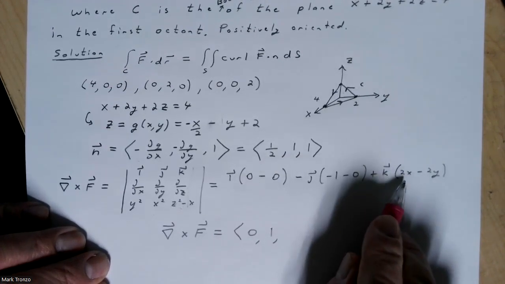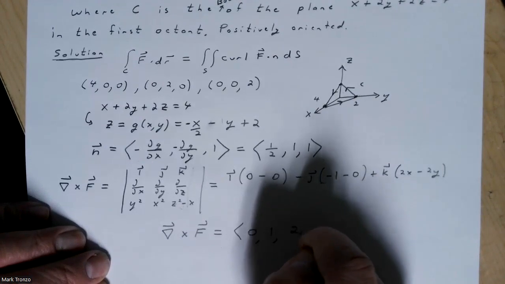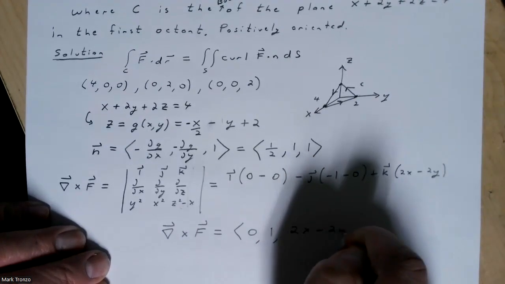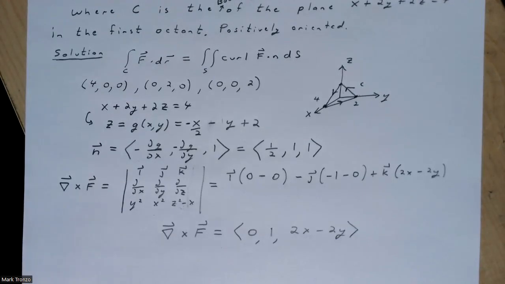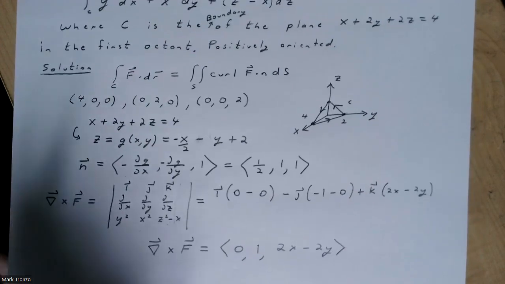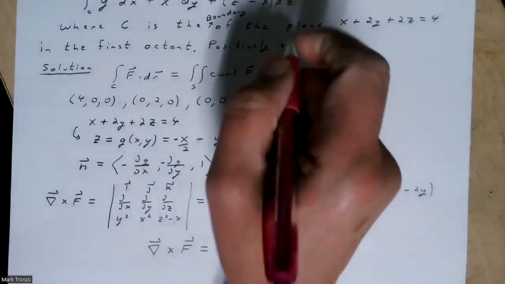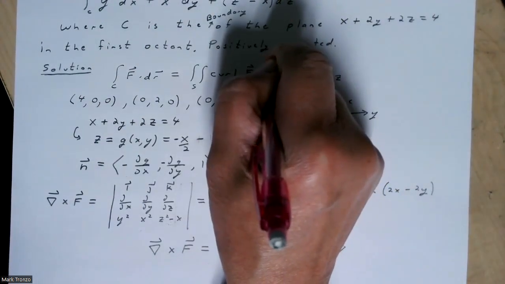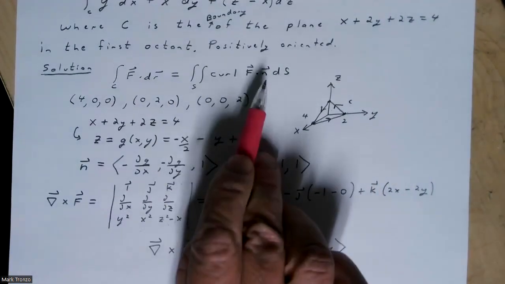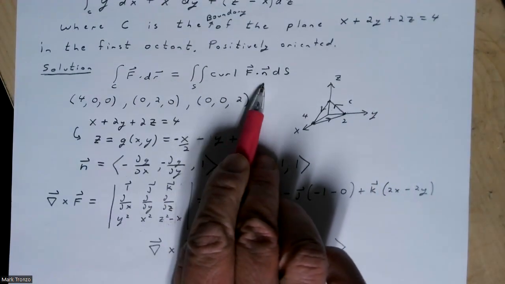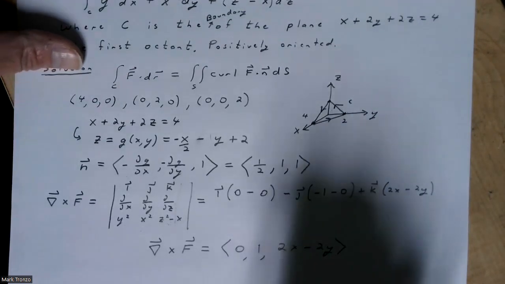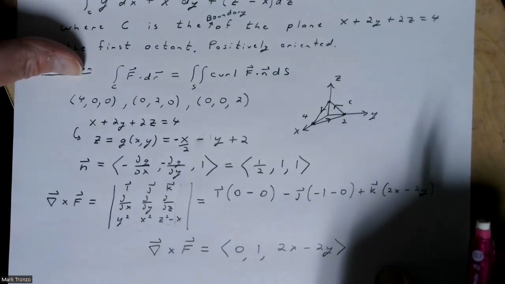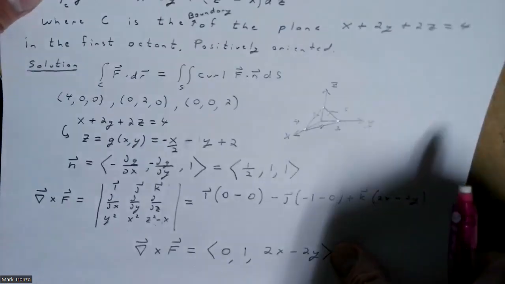And this is going to be 2x minus 2y, like that. So we have most of the parts now. We have our vector n. And actually, I should have written this with little vector notation here. We have our vector n. We have our curl. And now we can put everything into our integral.